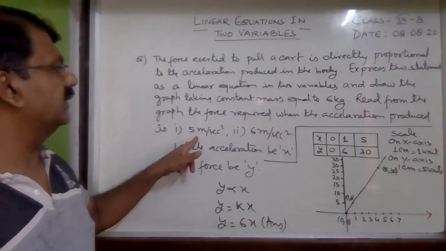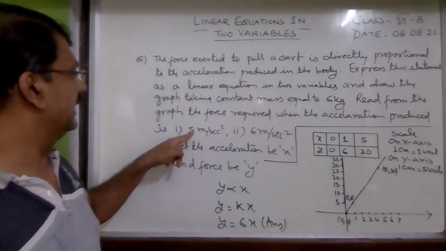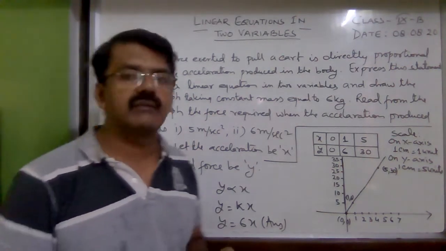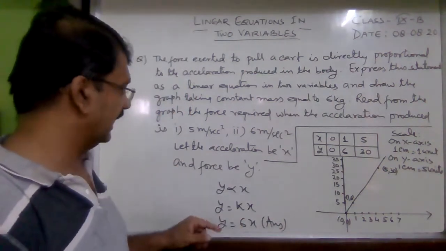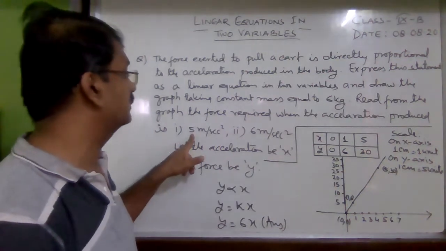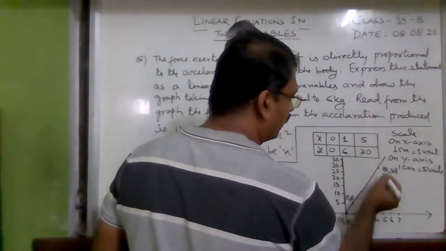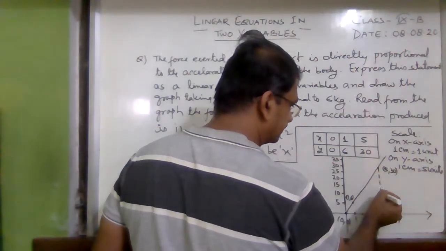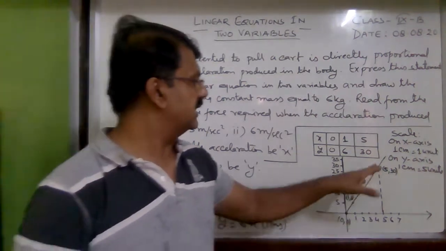And now they are saying when the acceleration, that means the value of x, is 5, what would be the value of force, that is y. We have already drawn it over here. You can see when x is 5, y is 30.